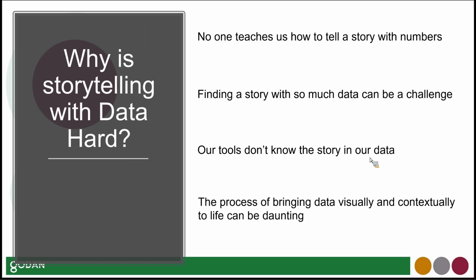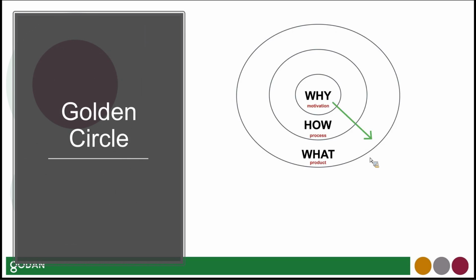I have the number saying 50. How can I communicate this? How can I make this easily delivered to the audience? So that's also sometimes challenging, but we can accomplish this with what we call the golden circle.